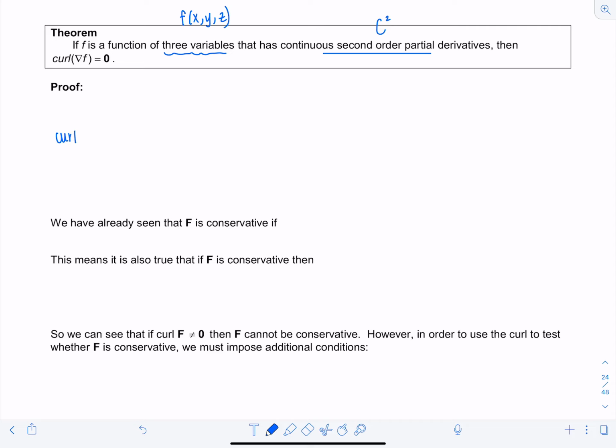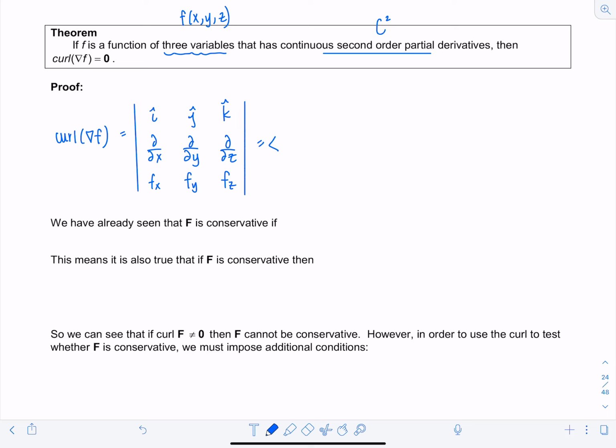So I want to find out the curl of the gradient of F. So I'm going to take the cross product of the gradient of F, which is partial x, partial y, partial z, with our differential operator. So del x, del y, del z, i hat, j hat, k hat. Okay.